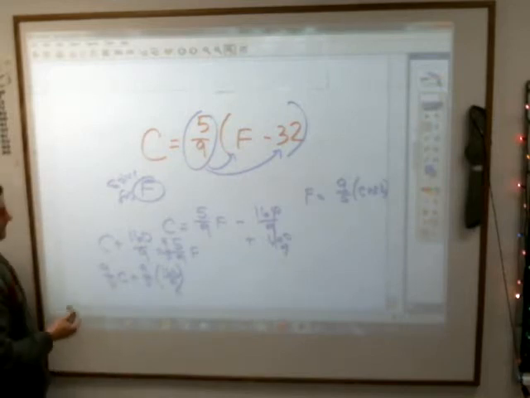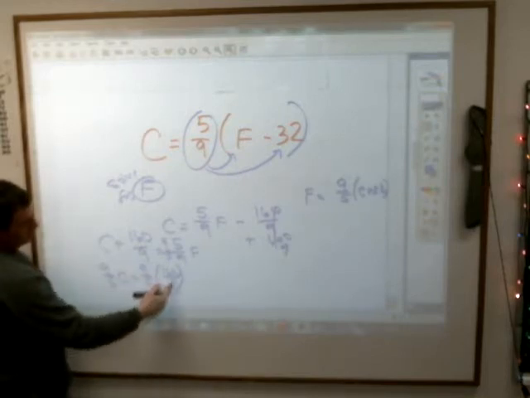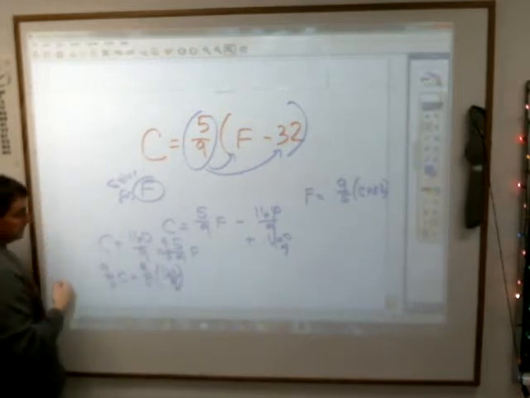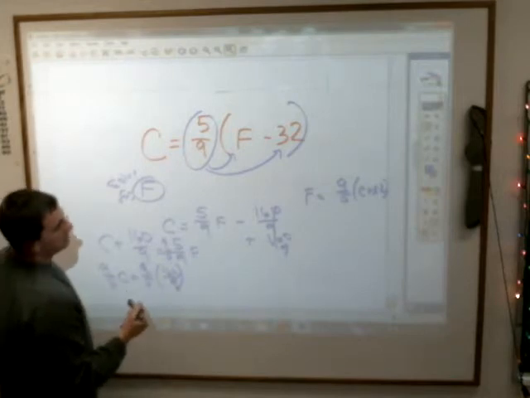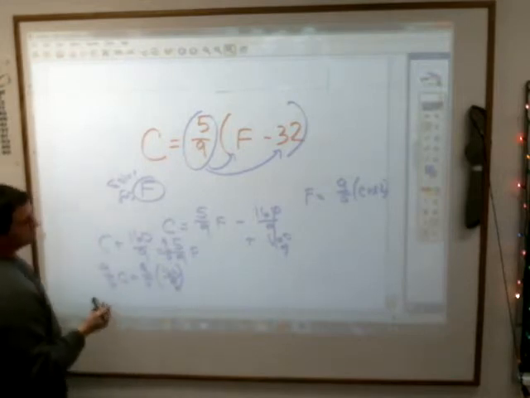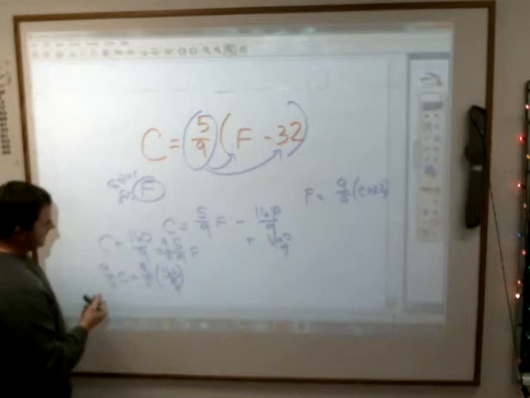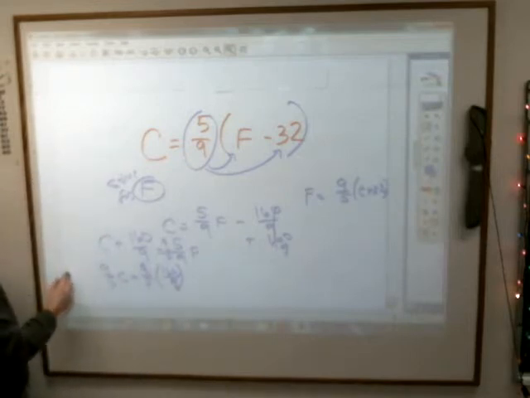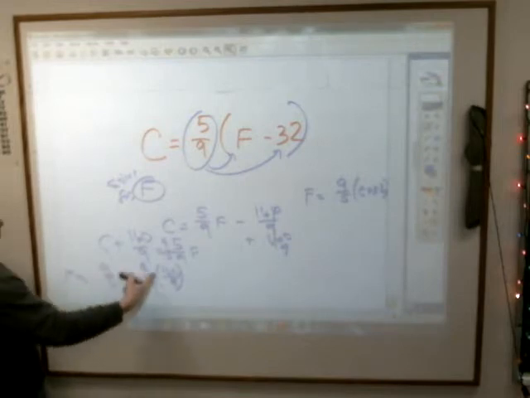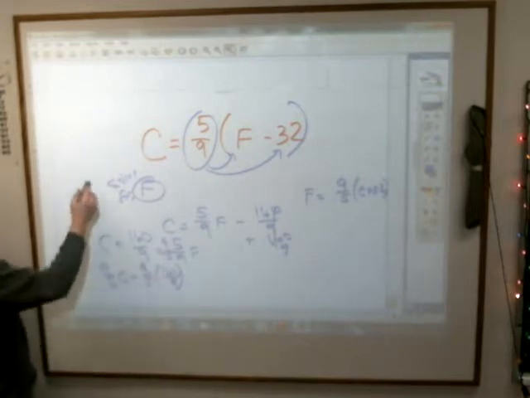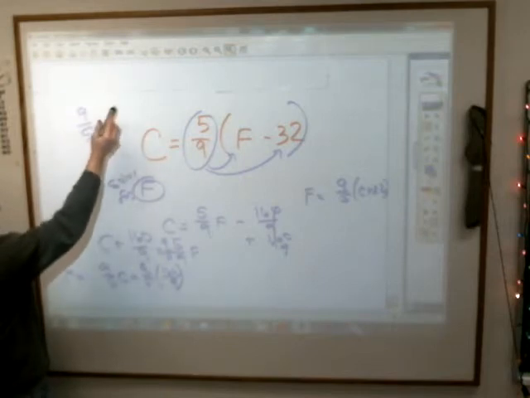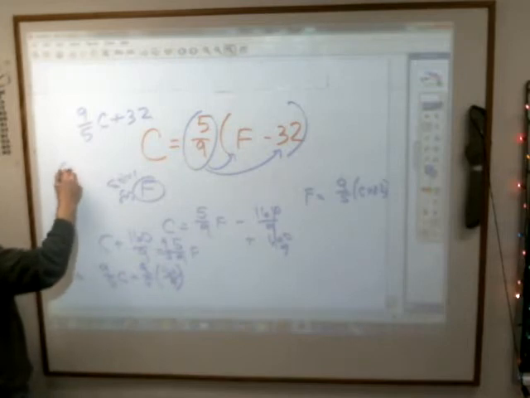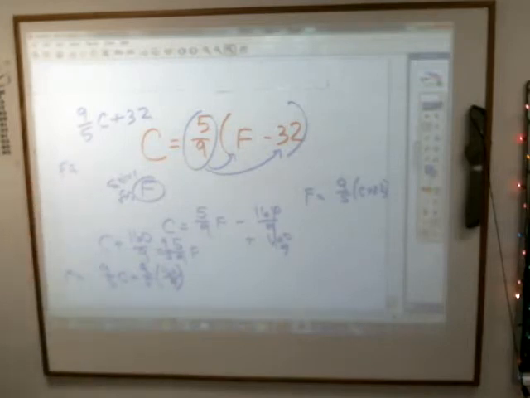And like Jeremy said, this will cross off. 5 goes into 160 how many times? That's 32. So Jeremy was correct because you end up with the letter F equaling 9/5 C plus 32.